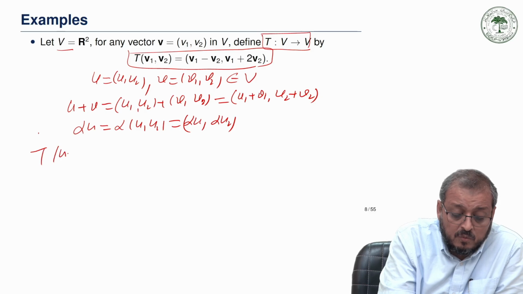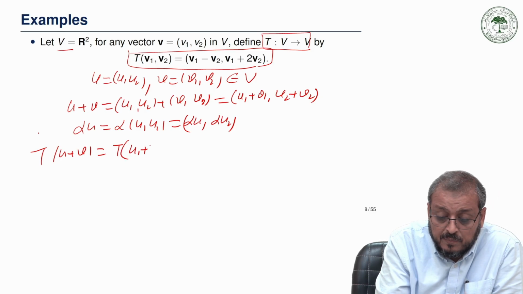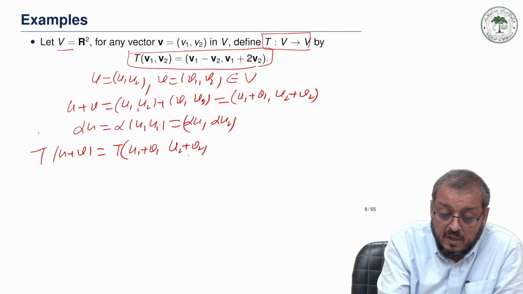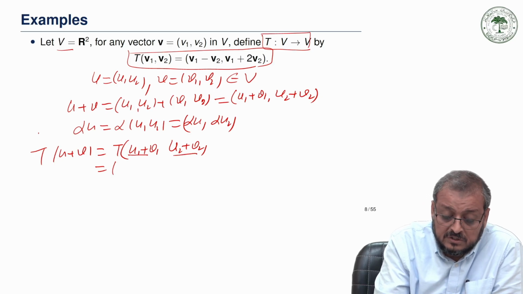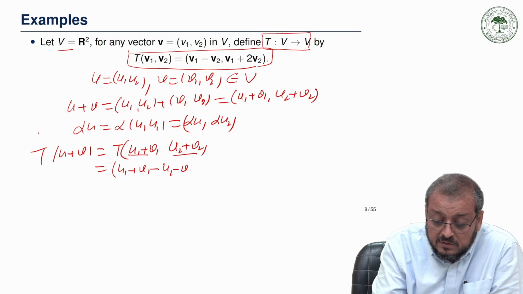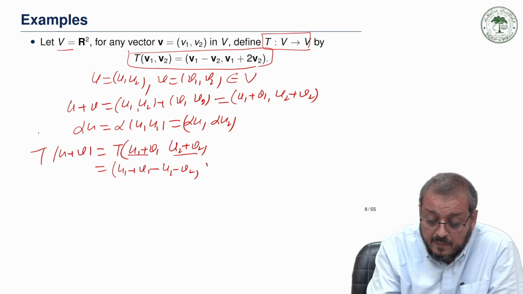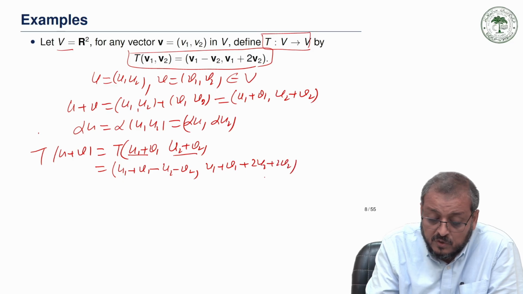Now we take U plus V. T of U plus V can be written as T of U1 plus V1, U2 plus V2, and this map is defined in this form: U1 plus V1 minus U2 minus V2, and U1 plus V1 plus 2 times U2 plus 2 times V2.